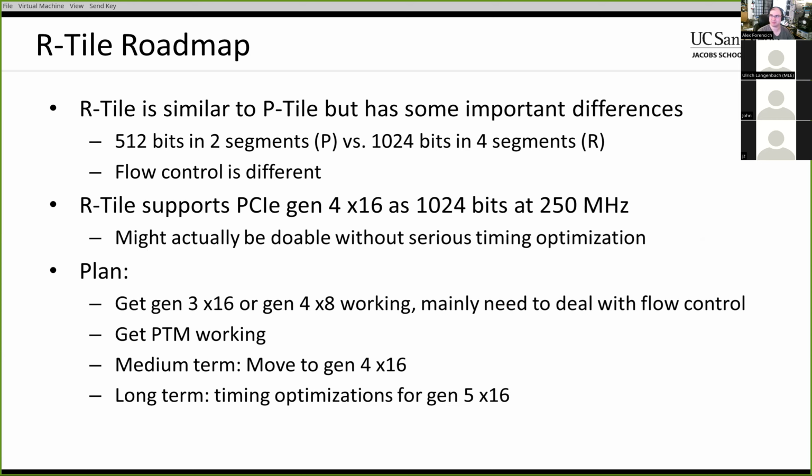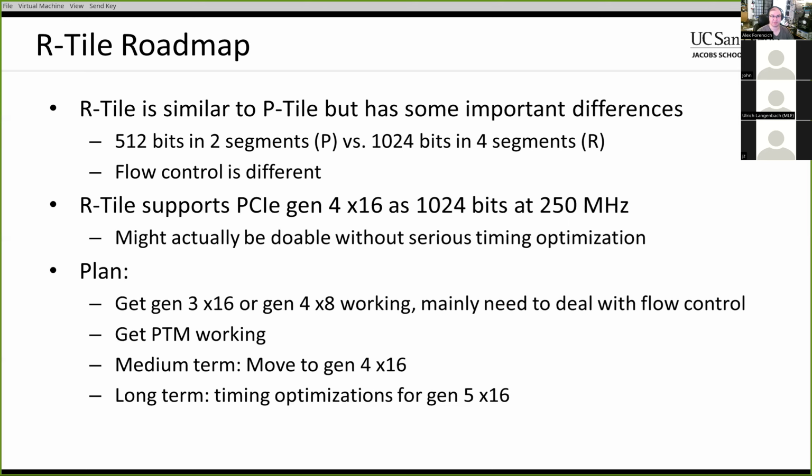So the plan I have is first to get either Gen 3 by 16 or Gen 4 by 8 working, whichever is 512 at 250. Mainly I need to get the flow control sorted out for that. Once we get that working, the plan is to get PTM operational so we can get the time synced versus the host and exposed through the register space and synchronized with the internal PTP hardware clock components.